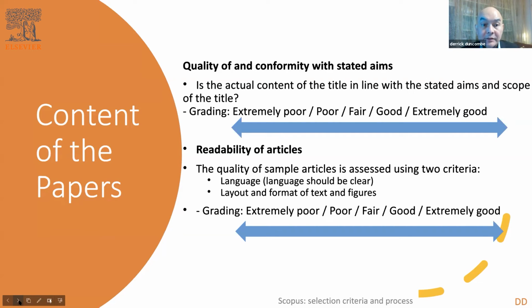Okay, Sandra. So Derek, how many articles do they look at? How many actual articles do they look at to judge the content of the papers? For your submission to Scopus itself, you need to submit 10 articles at this point in time. However, that doesn't mean it's only based on these 10.